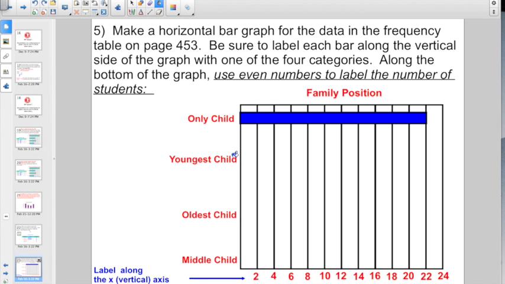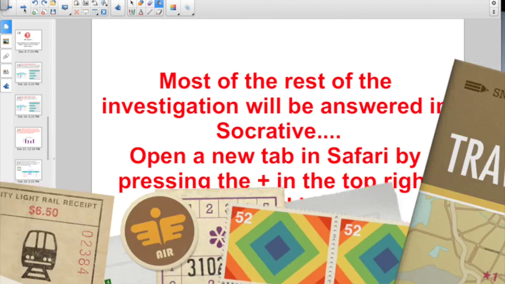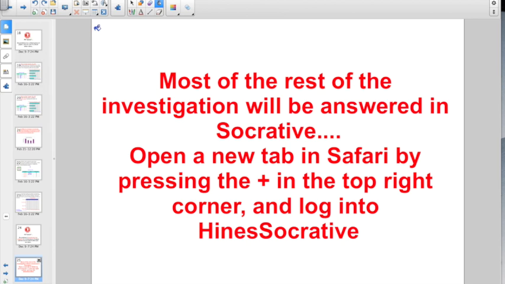Okay, continue on for the rest of it. Hit pause, do problem 5, the horizontal bar graph on a lined piece of paper, and call me over to check when you're done. All right, welcome back.